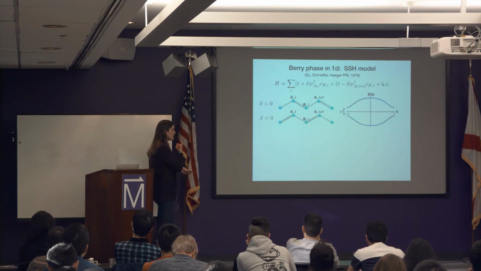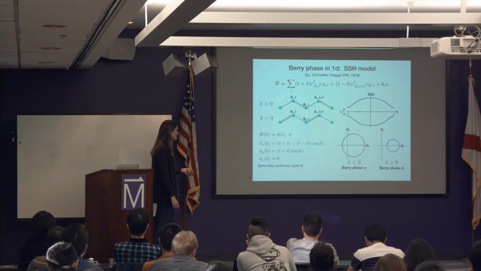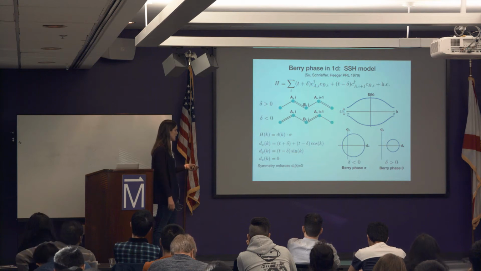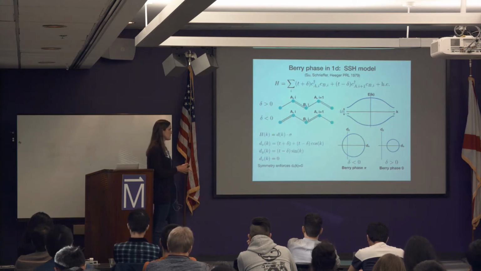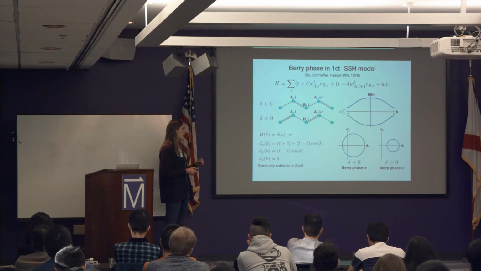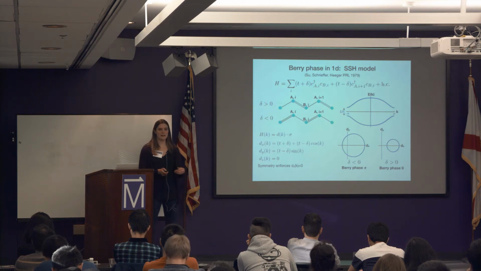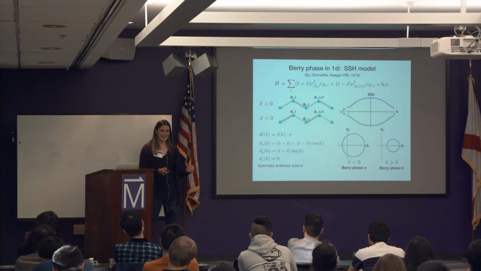Yeah, so I think maybe we need to compute it to see. Let's see. The Berry phase is capturing how the eigenstates change as we move k in a closed loop. The winding number is also doing that same thing.